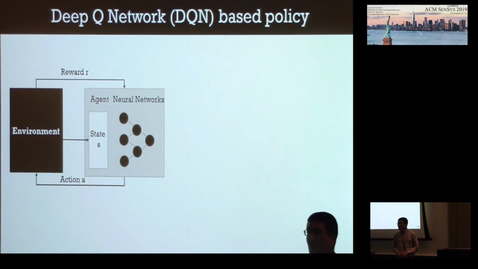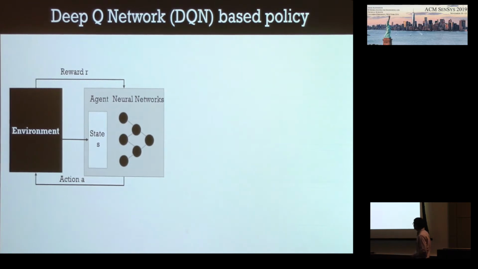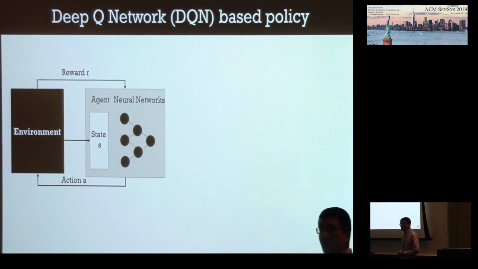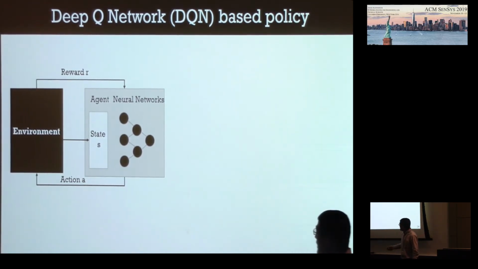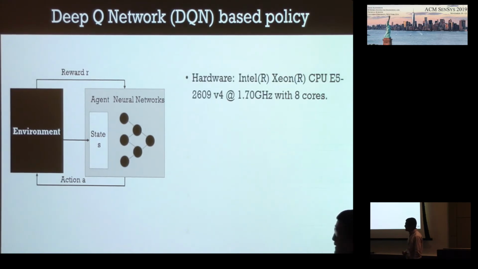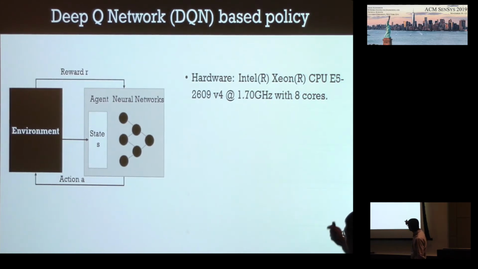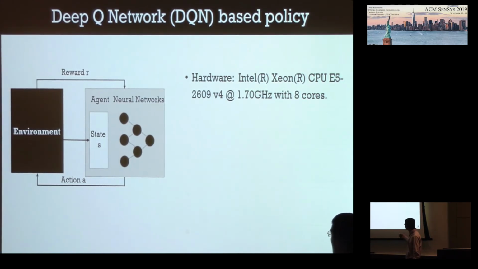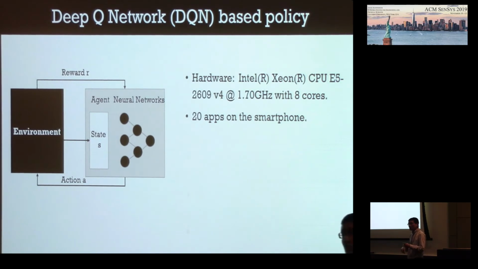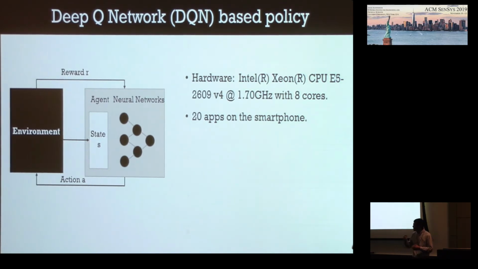So we first implement a DQN network and do the application prediction. DQN is a commonly used deep reinforcement learning model. And we do the experiment on a laptop. This is the hardware we're using, with an 8-core CPU. And we first try to evaluate the performance of this system.